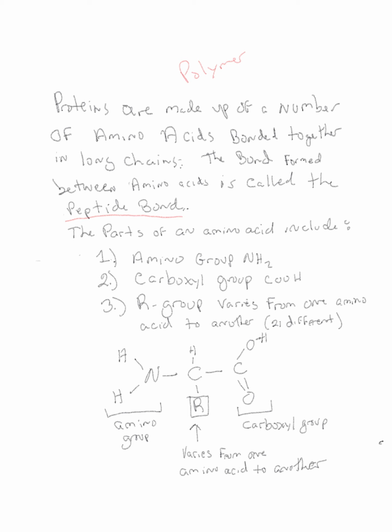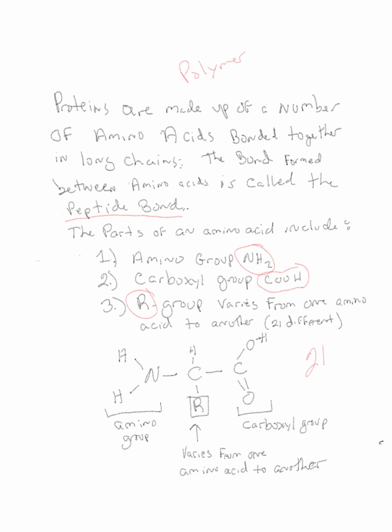If you look at the amino acid, the individual amino acid is made up of three parts. An amino group, which is NH2, a carboxyl group, COOH, and then you have an R group, and the R group varies from one amino acid to another. And there's 21 different kinds of amino acids.